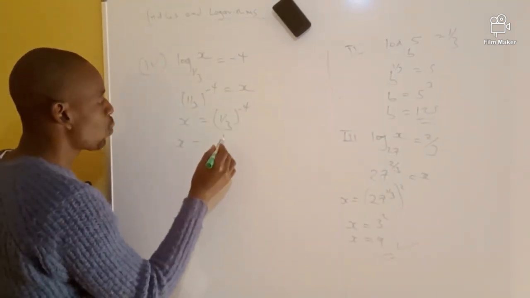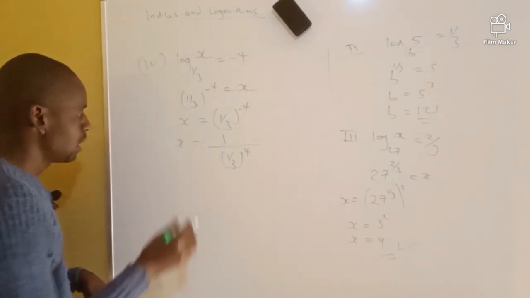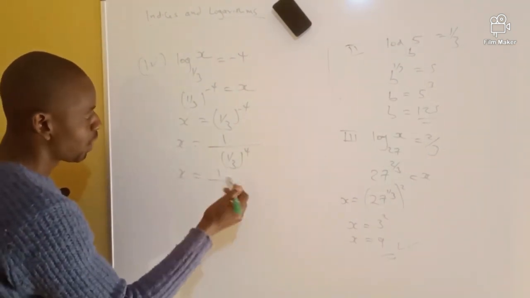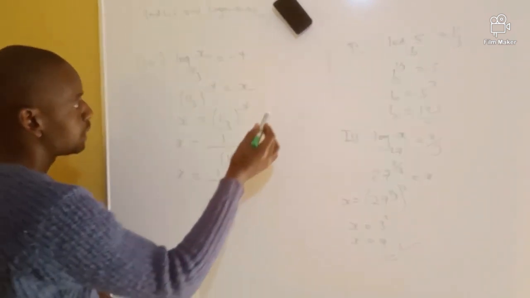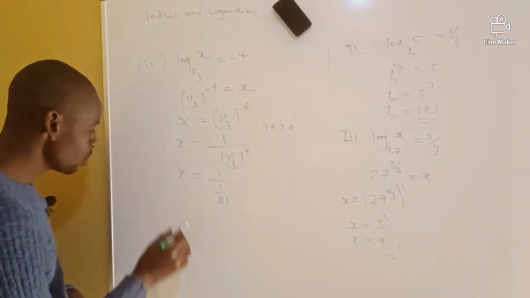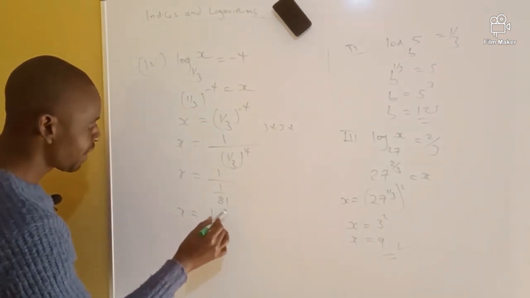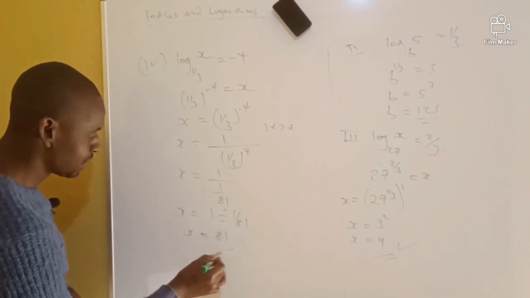So this simply means 1 over a third raised to 4. We have 1 over 3 multiplied by 3 four times, that is 81. So x is going to be 1 divided by 1 over 81, and x becomes 81.